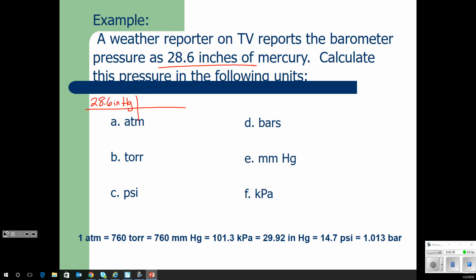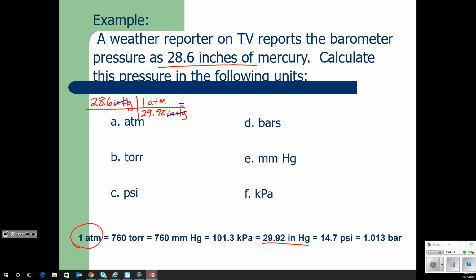You're going to set up a factor label. You're only going to do one conversion. What do you want to get rid of? Inches mercury. So that goes on the bottom, 29.92 inches mercury. What do you want to go to? Atmospheres. So that goes on top, 1 atm. Then you can cancel out inches mercury, and you got your answer.